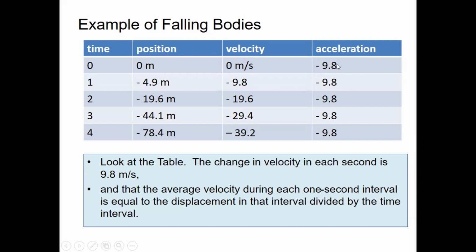The acceleration is what comes next, and it is 9.8, 9.8, 9.8. This is a constant acceleration. So I can safely say that the average velocity during each 1 second interval is basically the displacement divided by the time interval, and it is behaving as expected.